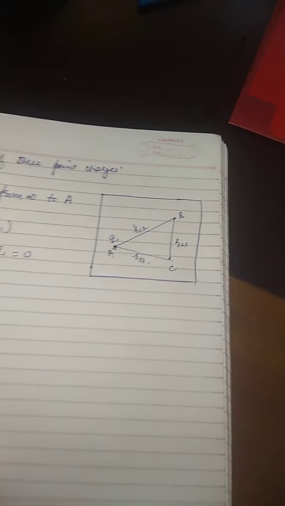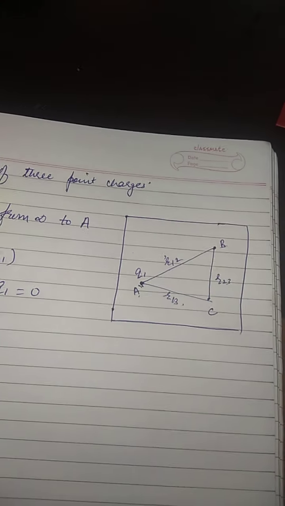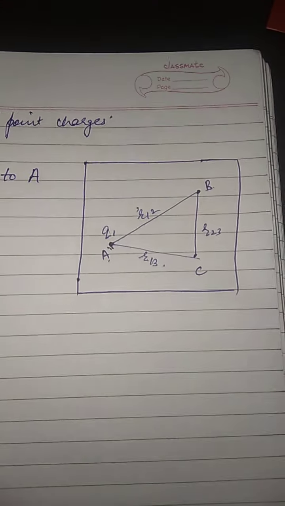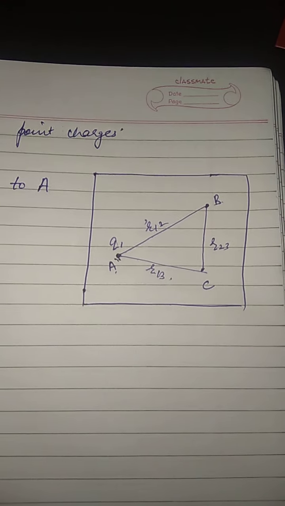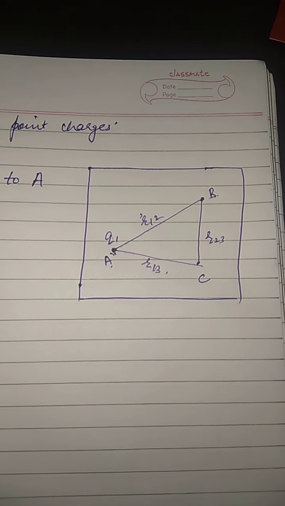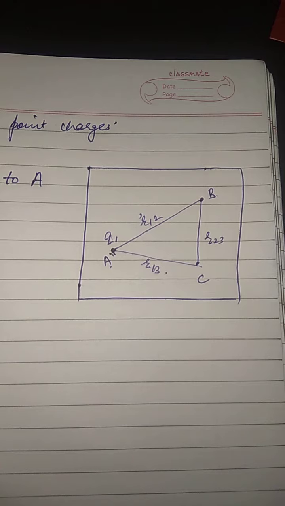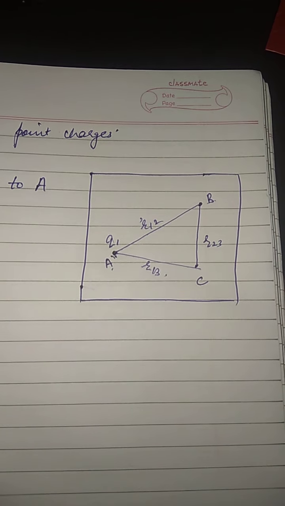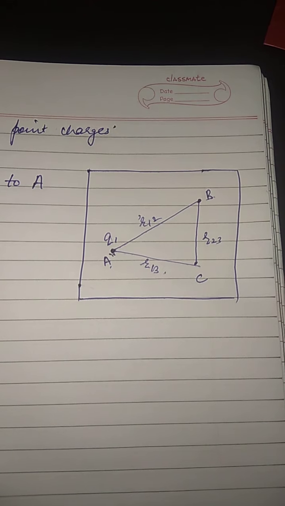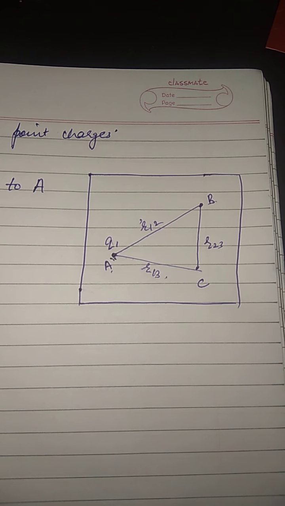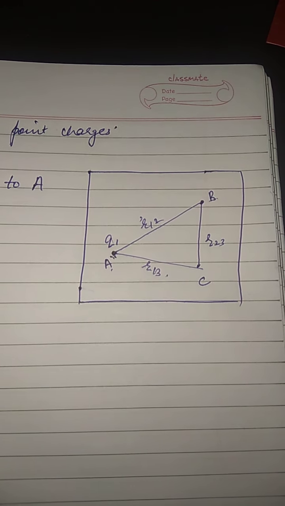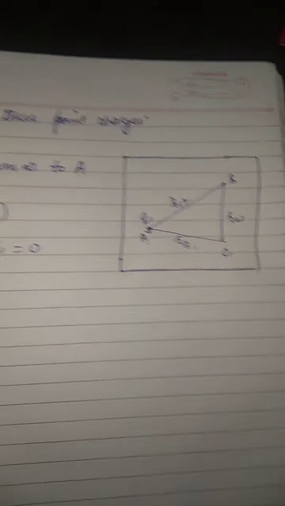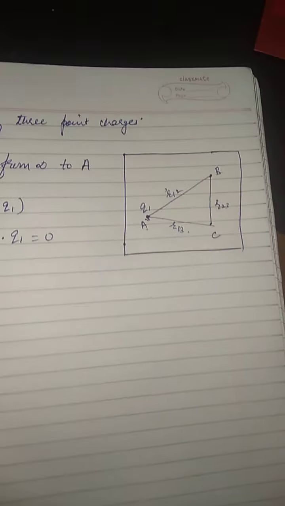Because initially there is no charge in the system to apply force of attraction or repulsion on Q1, we are not going to do any work in bringing the charge from infinity to point A. So electrostatic potential at point A would be 0, and the first work done in bringing the charge Q1 would be 0.